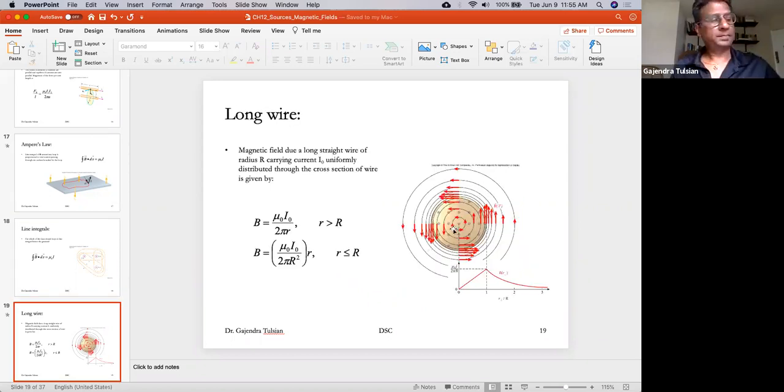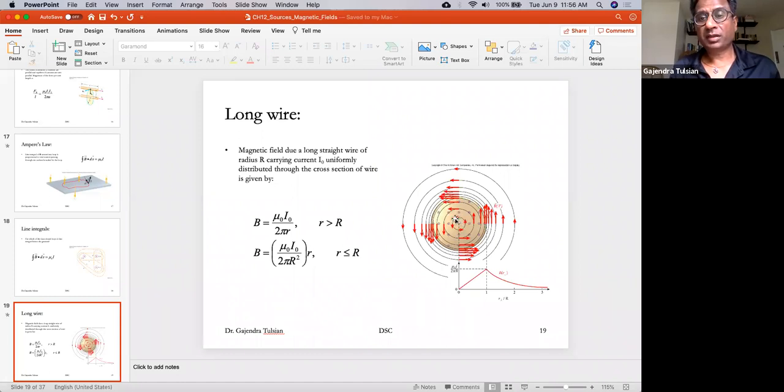All right, imagine this thick wire, and there's a current flowing through this wire, and the dots indicate that the current is coming out of the page. This is a cross section, and you can use Ampere's law, that line integral, to show that the magnetic field at the center is 0.